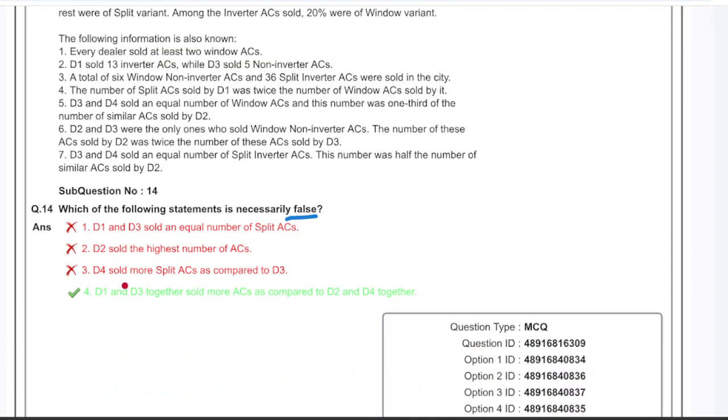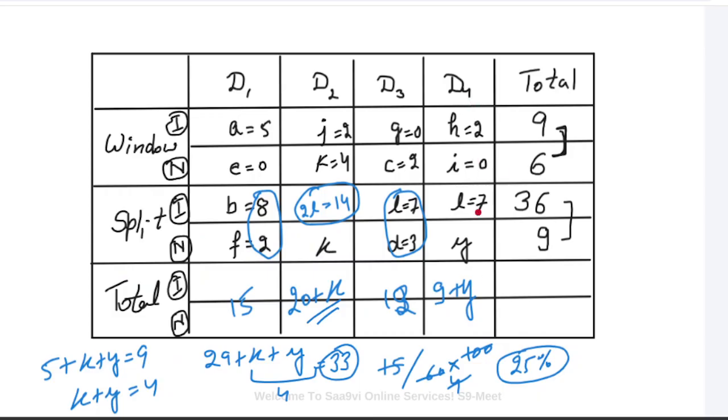D4 sold more split AC than D3. Now D4 sold 7 plus Y and D3 sold 7 plus 3 split AC.